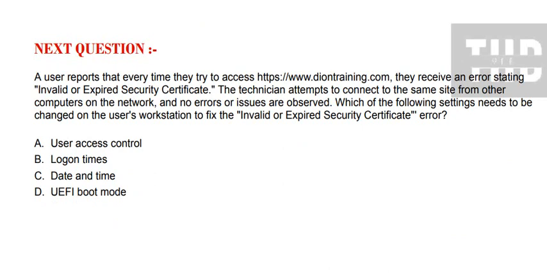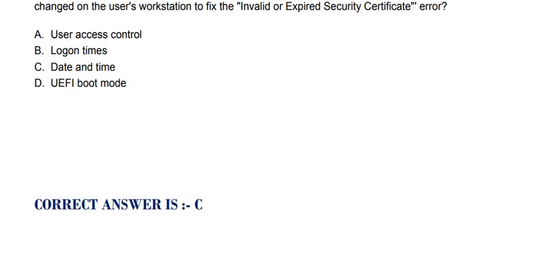Which of the following settings needs to be changed on the user's workstation to fix the invalid or expired security certificate error? And the options are option A, User Account Control, option B, logon times, option C, date and time, and option D, UEFI boot mode. The correct option is option C.